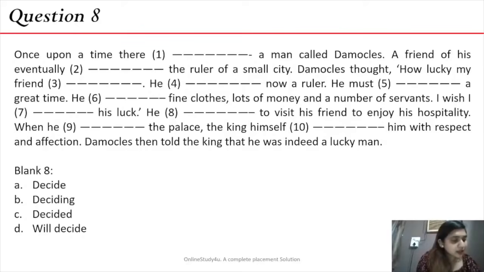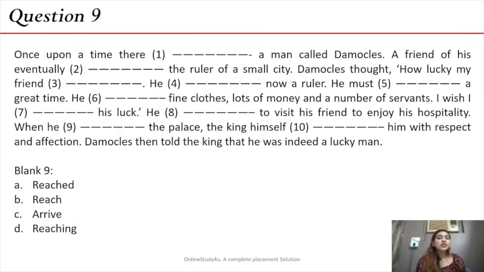I see a lot of C's, D's, A's. Alright, just because it has to be one answer option, everyone is putting in something or the other. The correct answer is nothing but C, right? So he decided to visit his friend to enjoy his hospitality. That is your correct answer option.